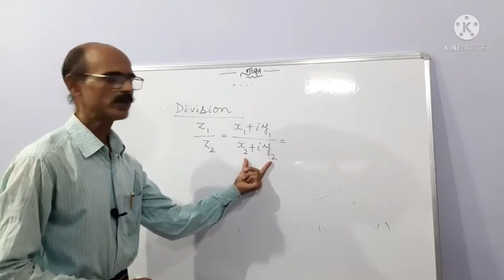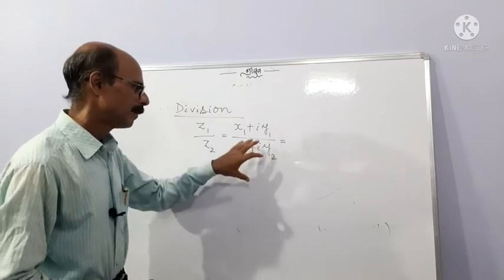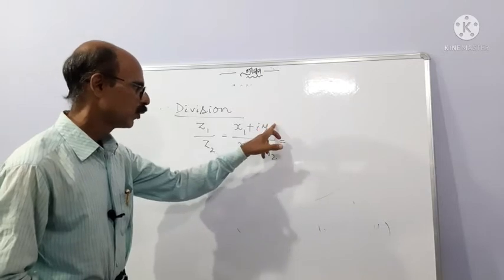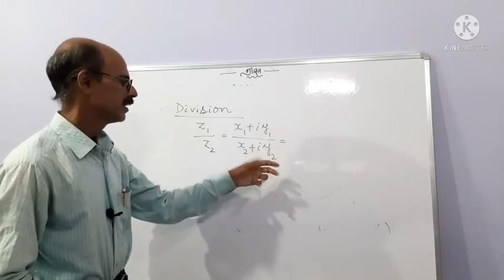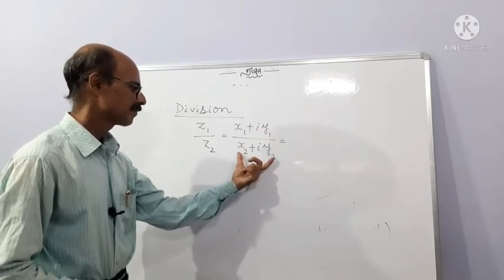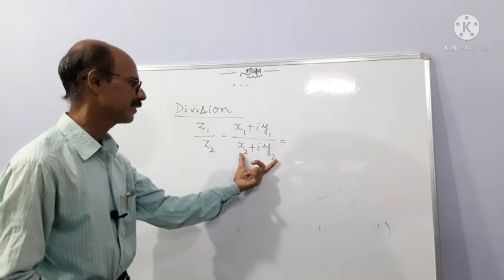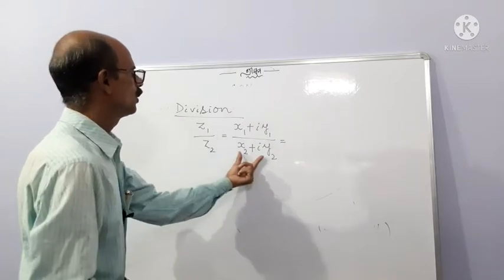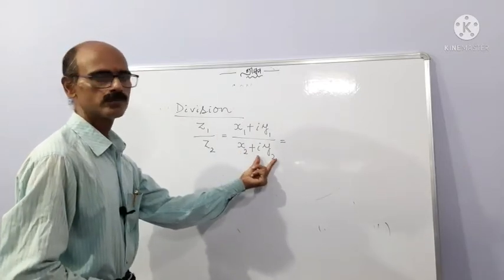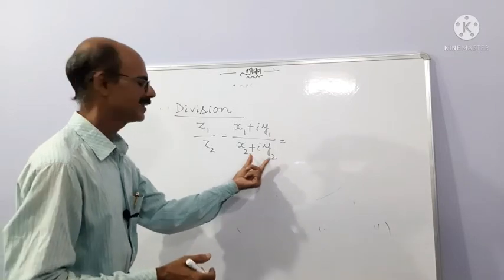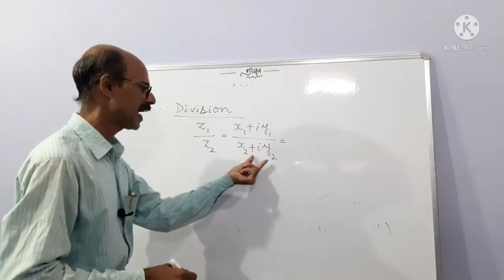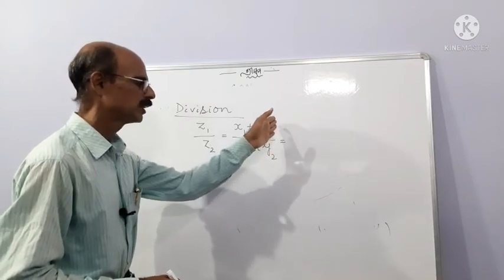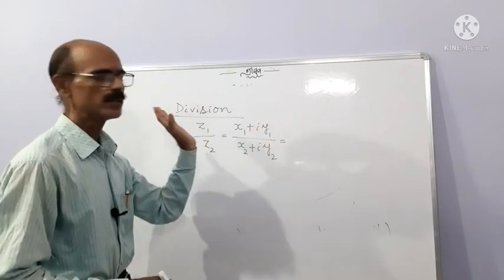What is there in the denominator? Then multiply the complex conjugate of the denominator above and below. Multiply the complex conjugate of the denominator in the numerator as well as the denominator. It is x2 plus i y2. Its complex conjugate will be what? Its complex conjugate will be x2 minus i y2. So multiply x2 minus i y2 in the numerator as well as in the denominator.